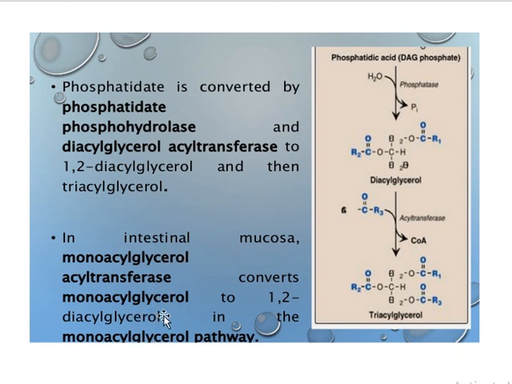So the enzymes in this pathway are the acyl transferases, and in intestinal mucosa the synthesis of triacylglycerol takes place through the monoacylglycerol pathway.